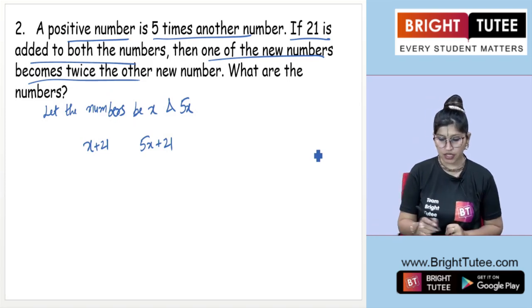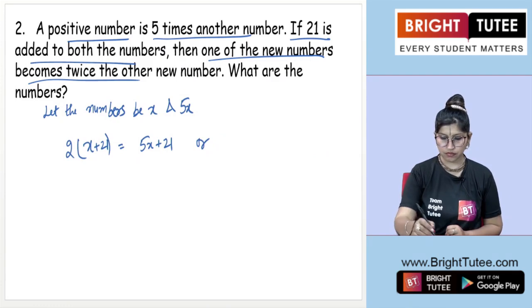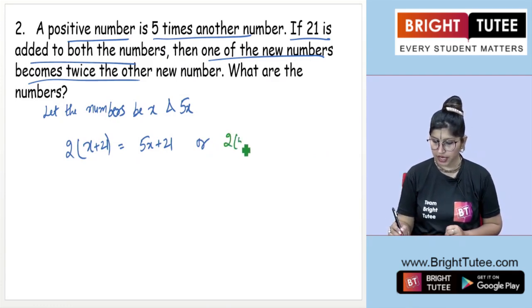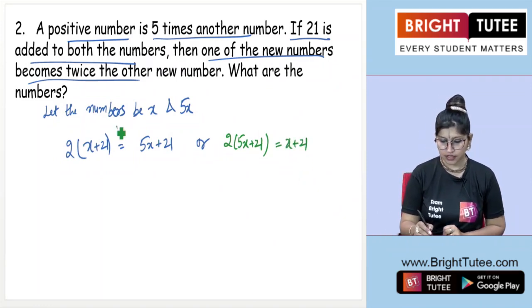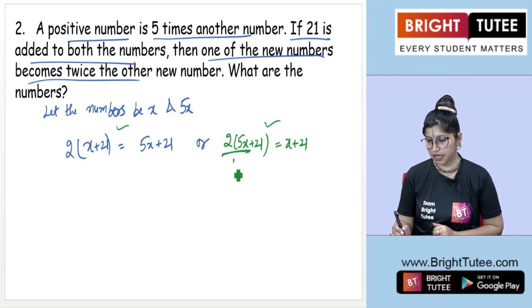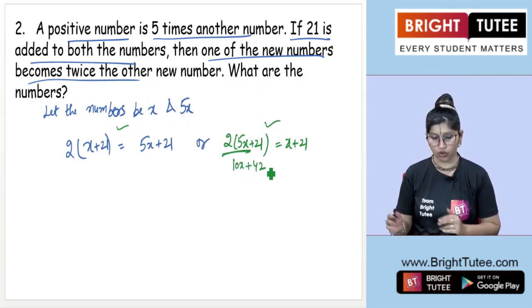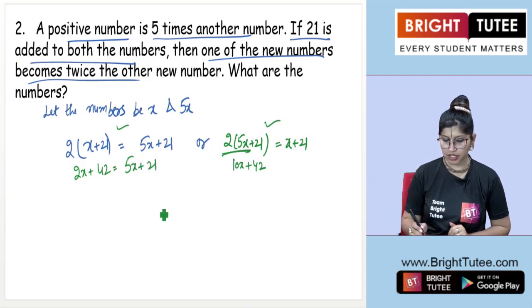So we have two options. Either we can write it down like this, or we can write it down like this. Now think and let me know whether this is correct or this one is correct. If I multiply this, I will be getting 10x and 42, and so on. If I multiply the other, I will be getting 2x plus 42, which equals 5x plus 21.